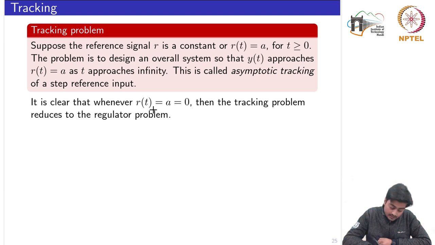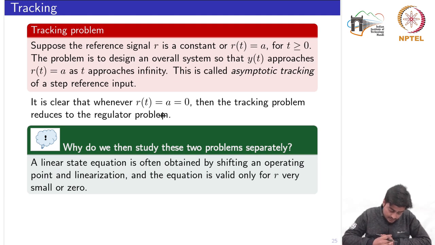So the first implication is: for any given A, if we design the controller as a regulator, would it be possible that the tracking would always happen for any non-zero constant reference signal? The answer is certainly not, because it would depend on the DC gain of the closed loop system also.